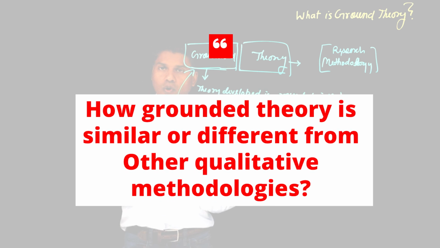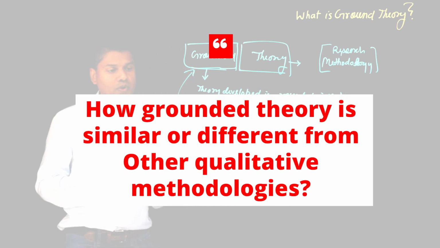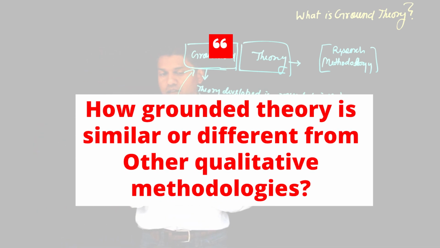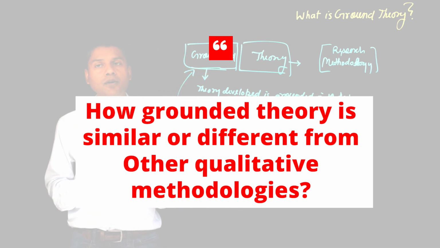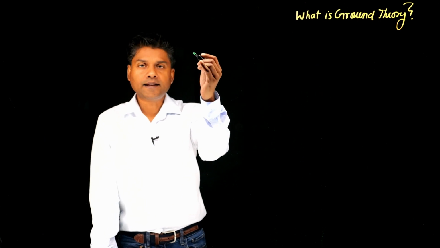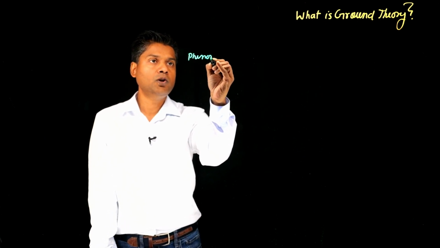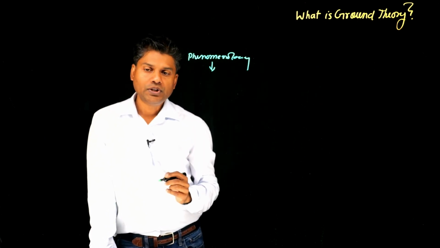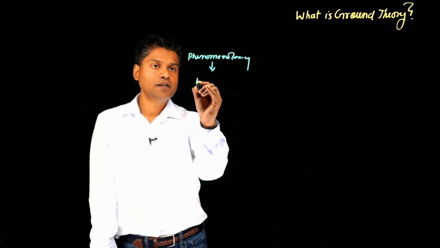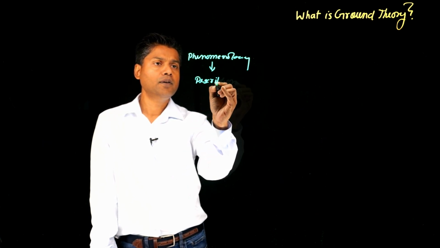Now, the final question we want to explore in this video is how grounded theory is similar to or different from other approaches. So let's start with phenomenology. In phenomenology, the focus is on description of the phenomenon.